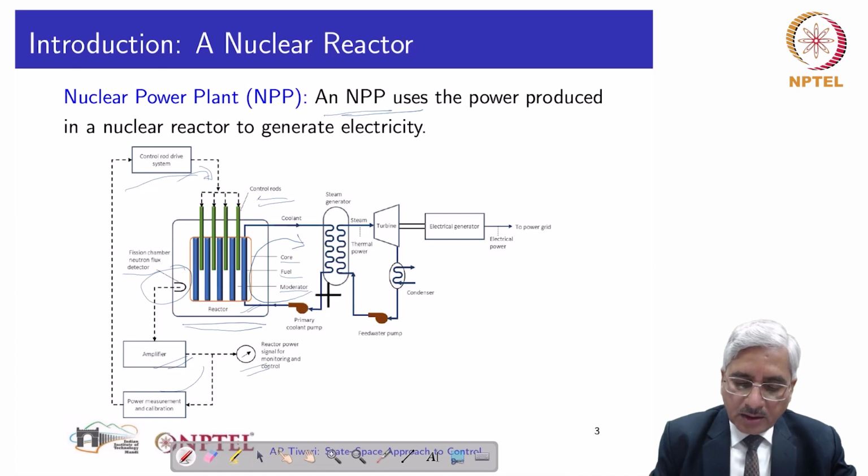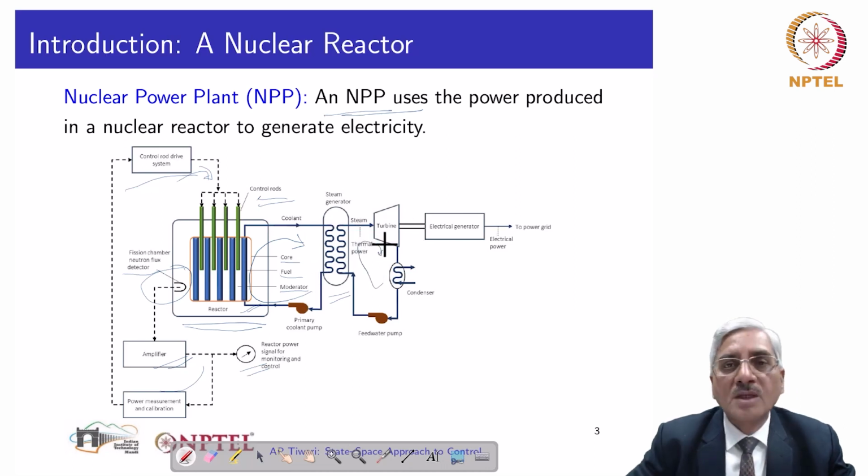It comes out to a steam generator. It passes the heat to the secondary side. There the water gets converted to steam and it drives the turbine. The turbine is coupled to the electrical generator and it produces electricity which is fed to the grid. This is the usual schematic of a nuclear power plant.